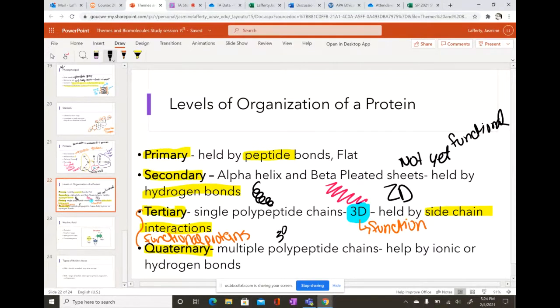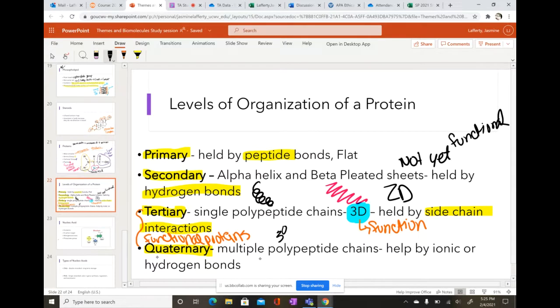So imagine tertiary as one set of headphones balled up together. That's a tertiary. Now imagine quaternary if you put 3 different sets of headphones and they all get tangled up together. Or if you take 3 different pieces of paper and you crumble them up. They're different subunits that you can pick out. And that's what a quaternary is.